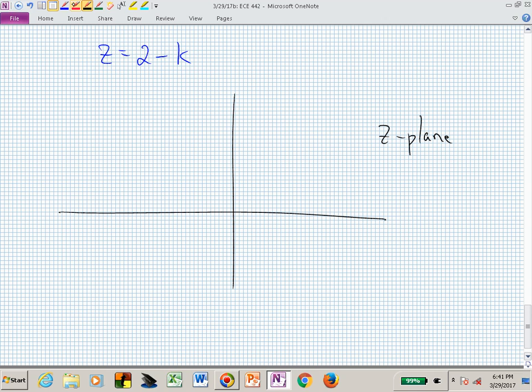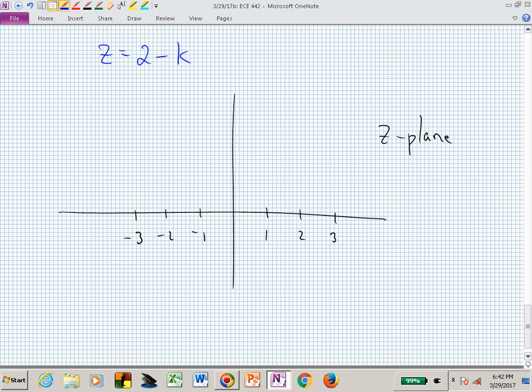If k was equal to 0, where would our pole be? Where would the value of z be if k is equal to 0? Pardon?